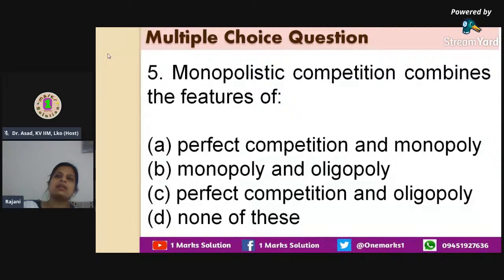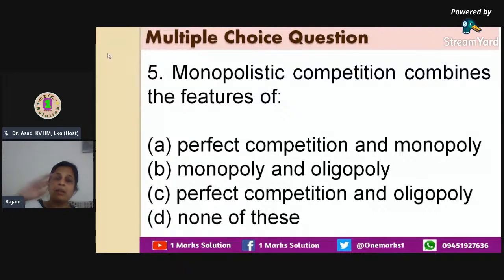There are a variety of examples for perfect competition, like vegetables, rice, and wheat. Oligopoly is like McDonald's, smartphones, manufacturing industries, and big vehicle industries like car making.